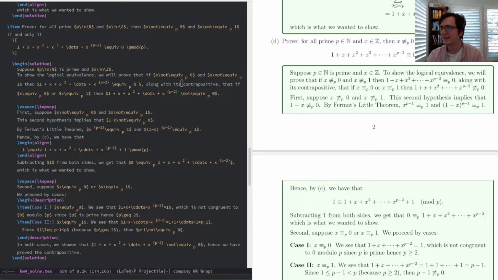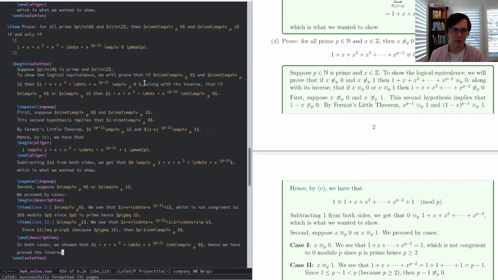I think it's called the inverse. Yeah, okay. Inverse. So the converse is when you flip it, the inverse is when you take logical negations, and the contrapositive is the inverse of the converse.